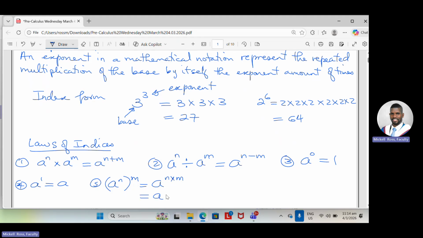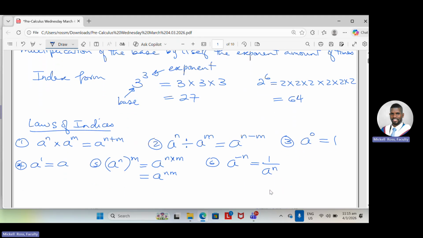All right, so it's going to be a to the nm, because n times m will give you nm. If it's two numbers, then it is the product of the two numbers. If you have a base raised to a negative power, it is the same as writing 1 over the same base to the same power, but now the power is positive. All right, so that is what you would have there.